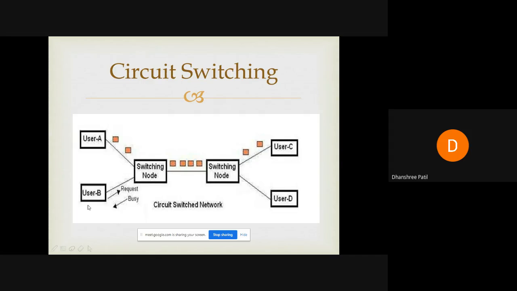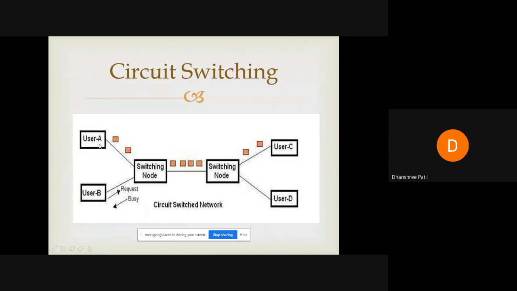There are some users A, B, C and D. A wants to send a message to C, and B wants to send a message to D. What circuit switching is: once anyone requests a path for transmission of the data, that particular path is totally allocated to that user. User A wants to send data to C, so it will request this path from the switching node.